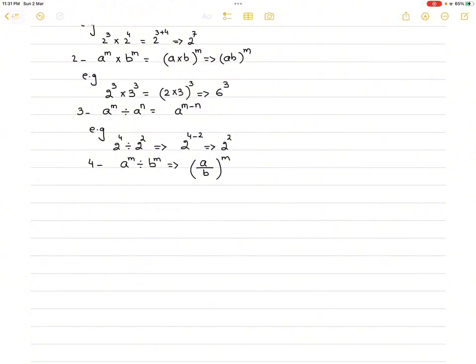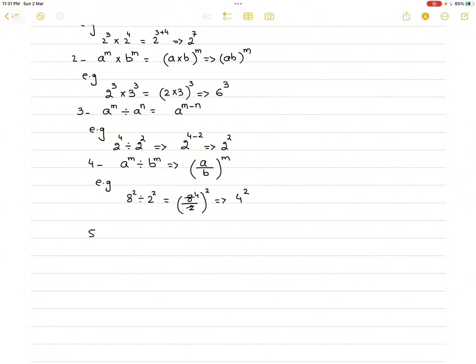For example, if I have 8 power 2 divide 2 power 2, so bases are different and they are dividing by each other, so I will divide the bases 8 over 2 and I will take the power once, and further I will simplify this. 2 times 4 is 8 and this gives me 4 power 2.